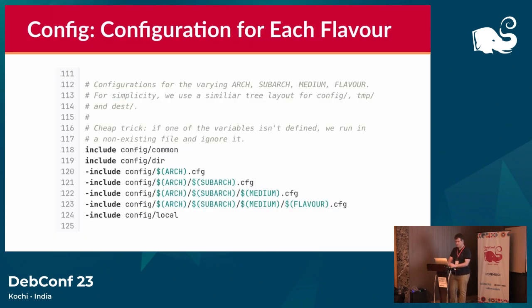In the actual makefile, this is how the configuration is handled. This is very different from what would be the conventional operation. It includes common and dir config files, then it includes one file per level of arch, subarch, medium, flavor, and includes a local folder.